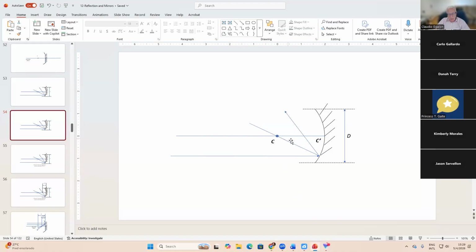And that's the direction normal to the spherical surface of the mirror. This light ray that follows parallel to the axis of the mirror is reflected at a point here, and this point is an important point. We call it the focal point.